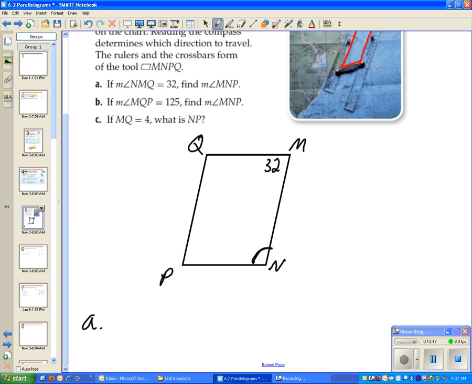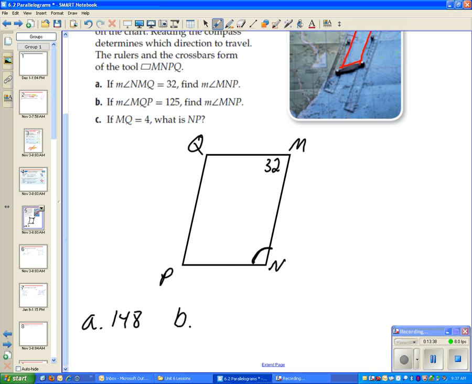So we got to know a property. Those are consecutive angles. And in a parallelogram, what's true about consecutive angles? They're supplementary. So what's 180 minus 32? 148. So the answer for A is 148.